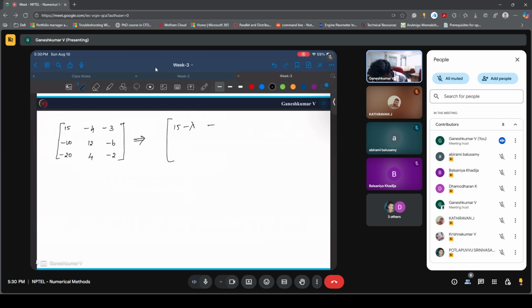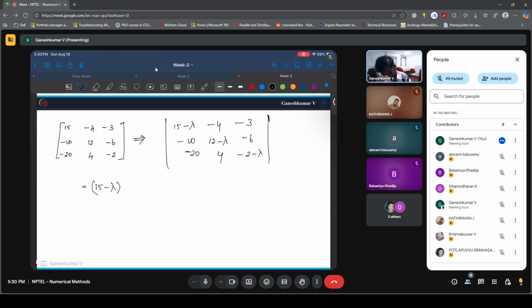15 minus lambda, minus 4, minus 3; minus 10, 12 minus lambda, minus 6; minus 24, minus 2 minus lambda. Determinant of this is going to be minus 15 minus lambda. It's a complicated expression.